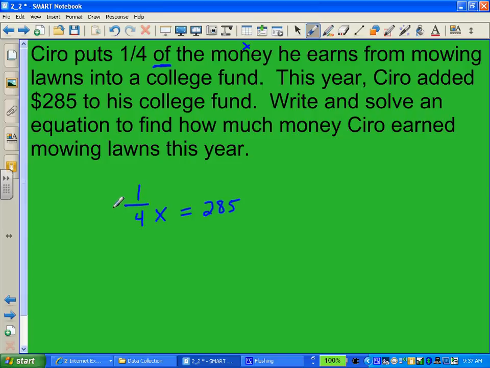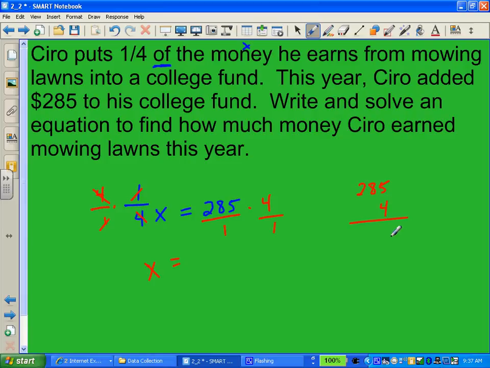So that means I need to divide by 1/4, which is the same as, everybody say it now, multiplying by 4 over 1. Okay, so over here, these guys cancel out, and I'm just left with X. Over here, let's see, this is a whole number, so I'm going to put it over 1. 285 times 4.